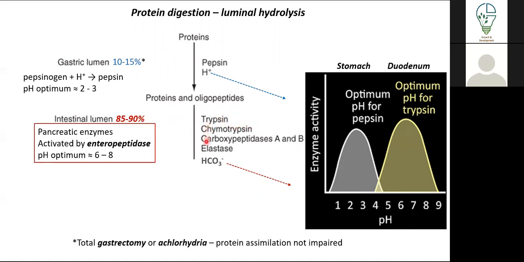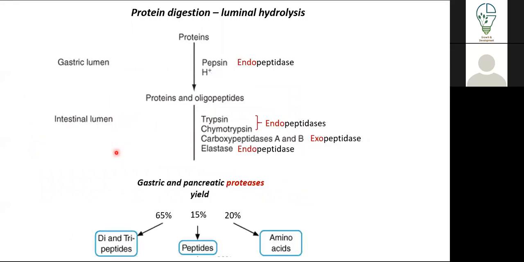Mainly trypsin, chymotrypsin, carboxypeptidases, and elastases. I think you took it in one of the lectures: all of these are secreted in an inactive form, and they have to be activated by either the trypsin that has already been activated or the enteropeptidases on the brush border.